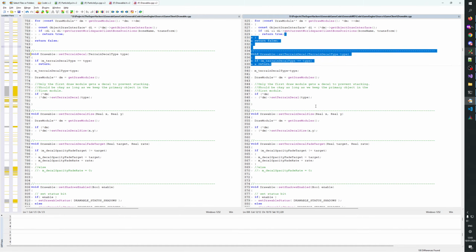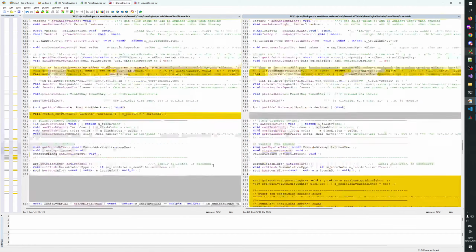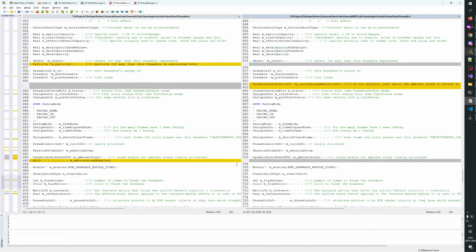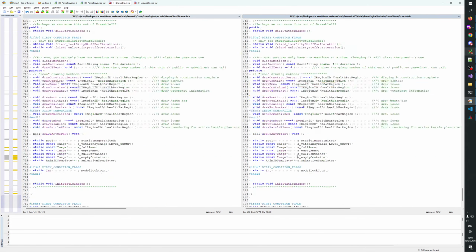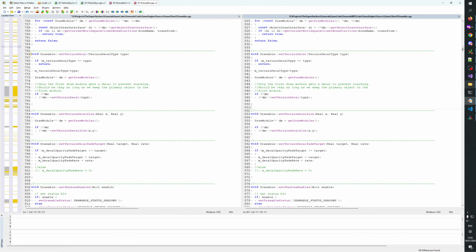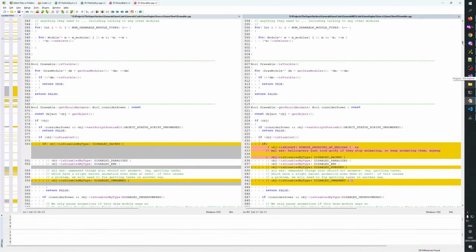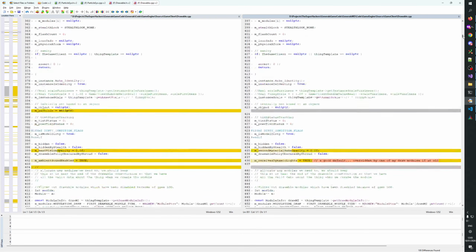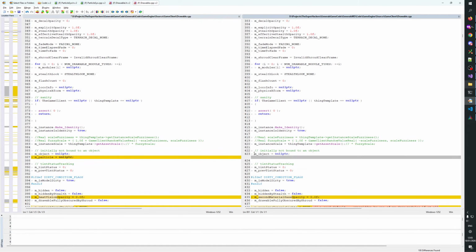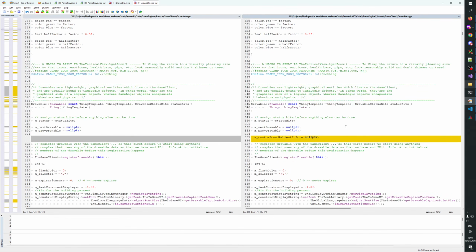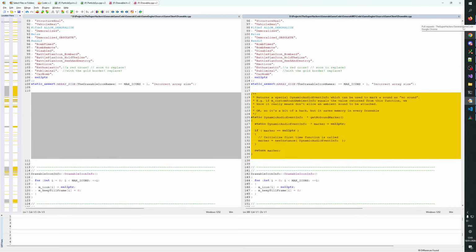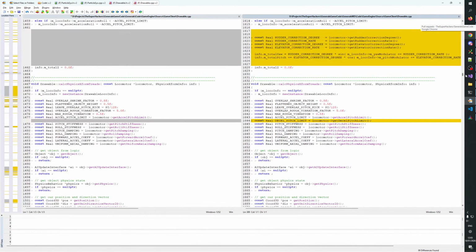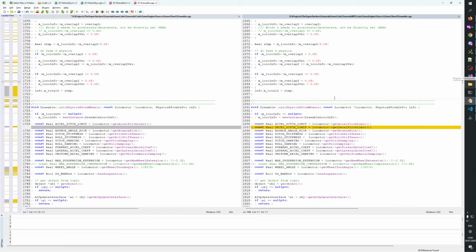Particle, okay. Let's see if there's any leftover particle stuff.